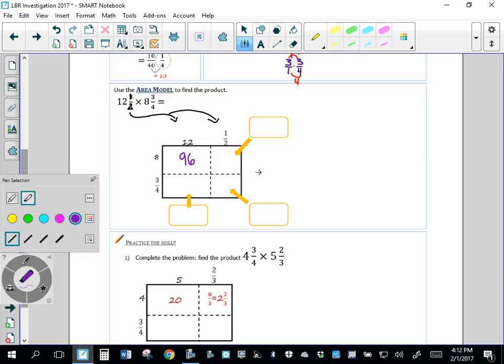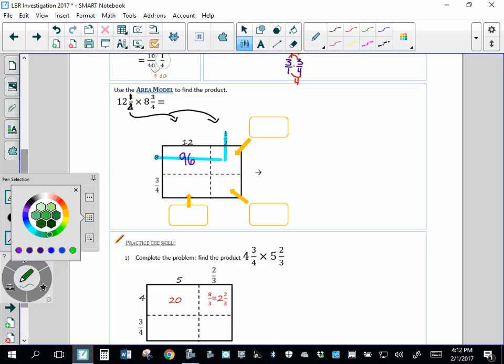If I pick up a highlighter, when I multiply 8 times a half, I'm going to put that answer right there. I know that half of 8 is 4, so I could just write the 4 there.